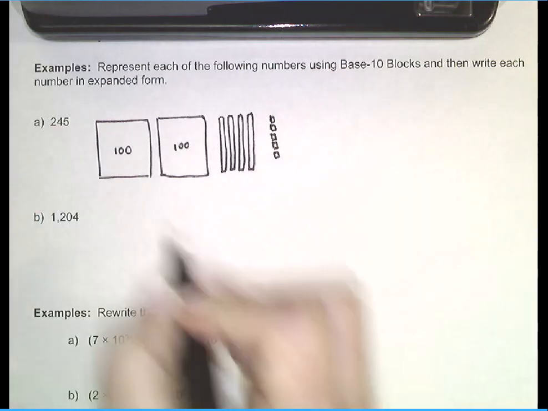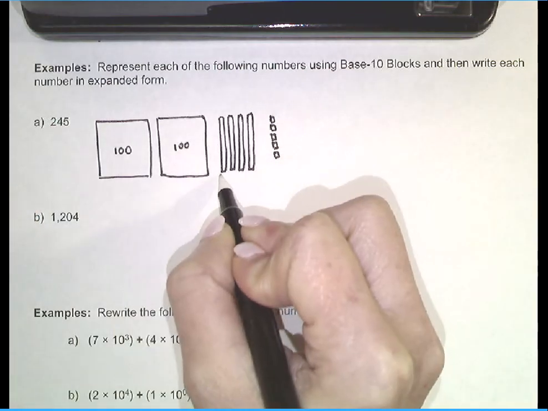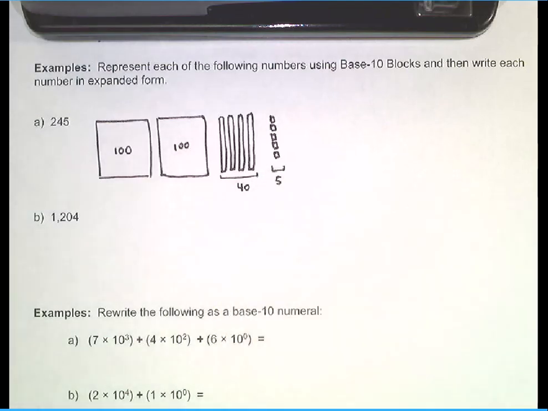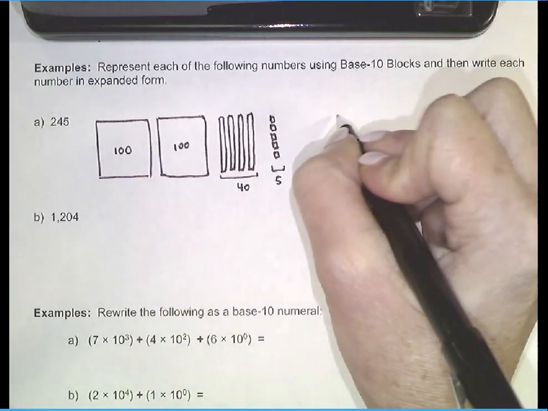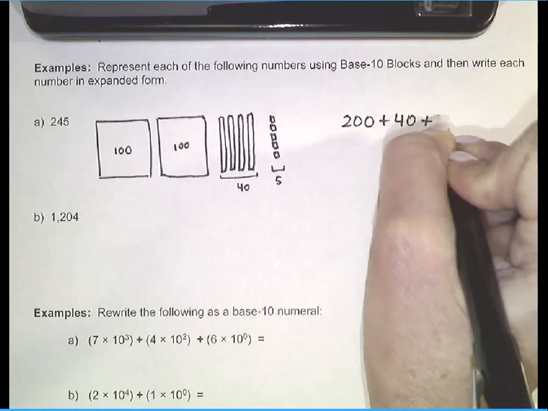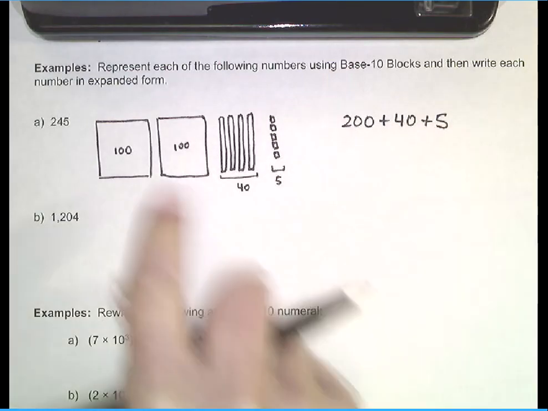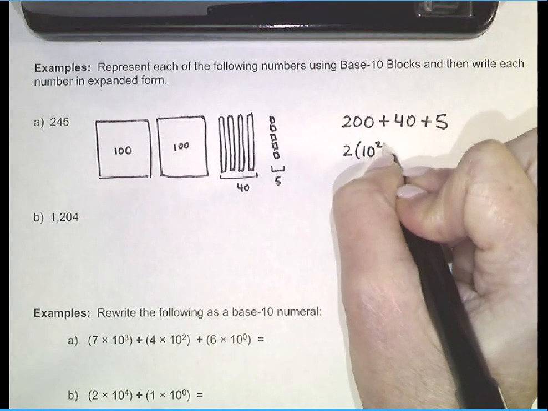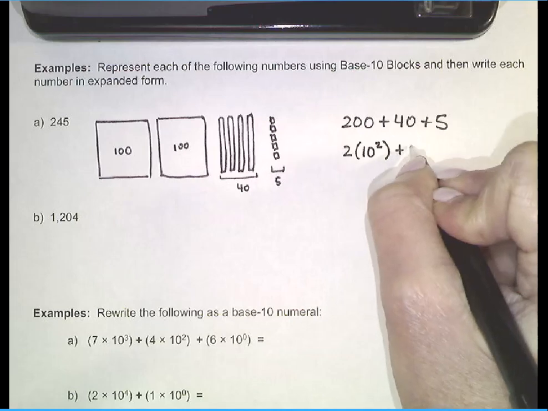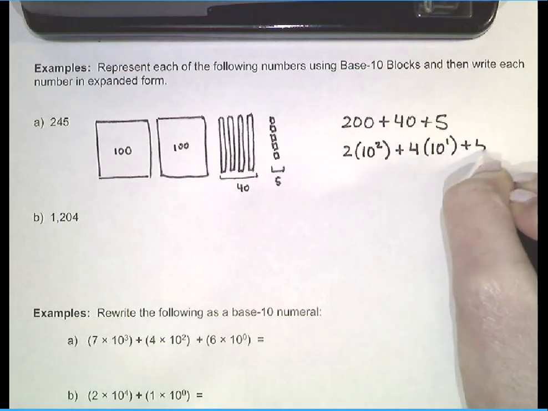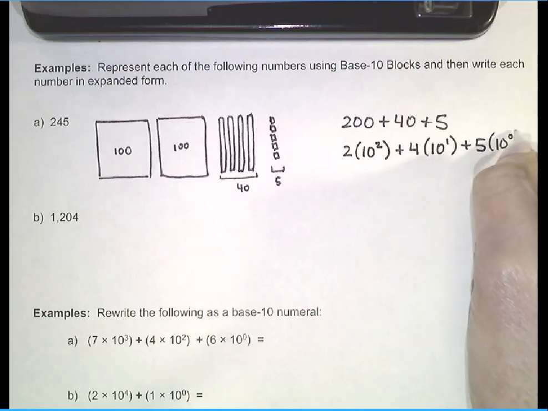And that would represent, this is your 200, this represents your 40, and this represents your 5. So that would be your base 10 blocks drawing. In expanded form, you would start by saying, well, it's 200 plus 40 plus 5. That's expanding it initially to get the shapes. But then that means you have 2 hundreds, 4 tens, and 5 ones.